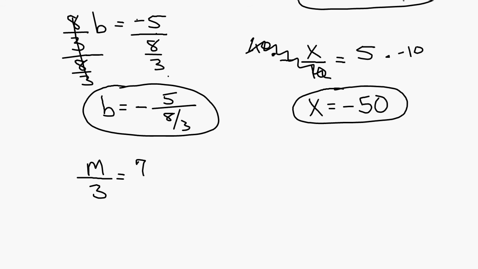What does that m over 3 mean in math? Yeah, it means division. It means m is being divided by 3. So you're going to do the opposite of that. The opposite of dividing by 3 is to multiply by 3. And you got to do it to both sides. So you just multiply 3 by both sides. So your m is equal to 21.